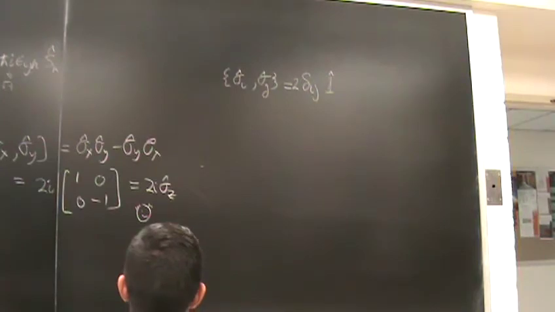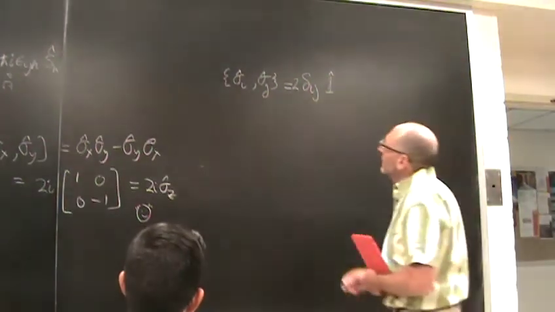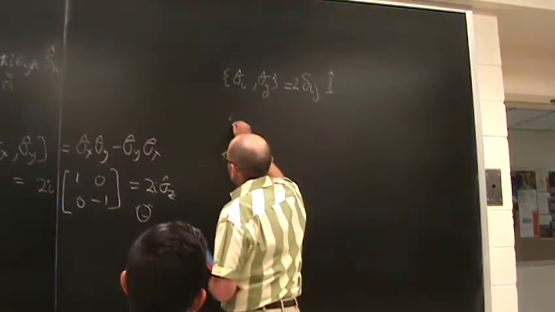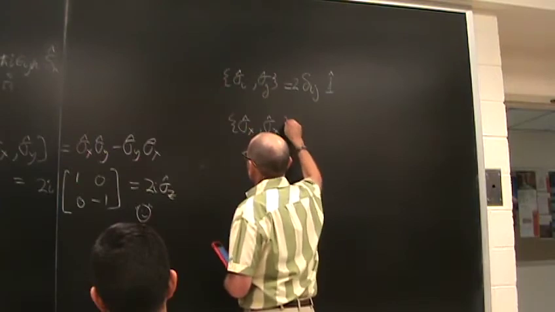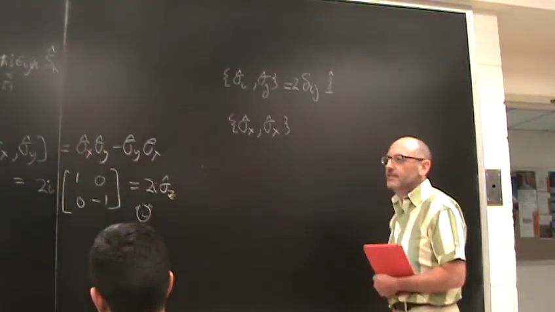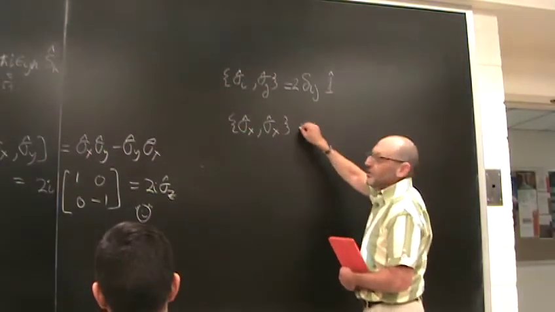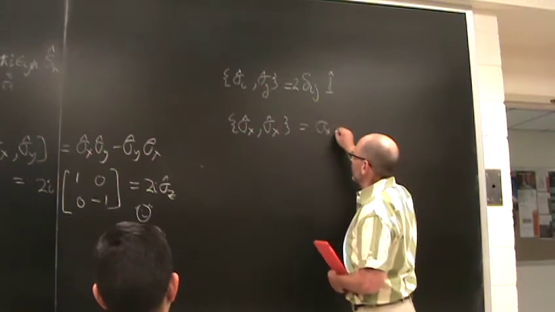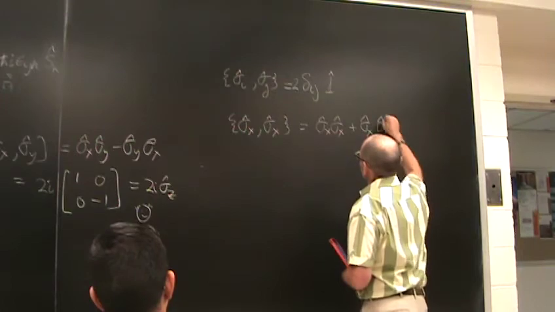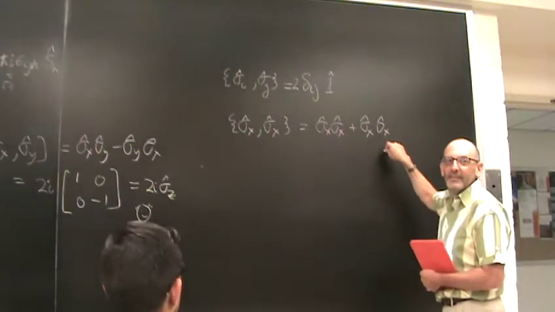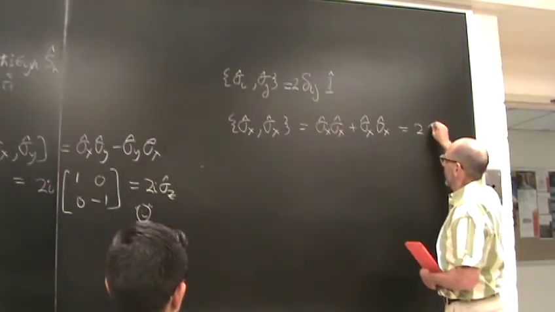Right? Because, for example, what's the anti-commutator of sigma x with itself? 2, right? Because this is sigma x times sigma x plus sigma x times sigma x, and each Pauli matrix squares to 1. So this is 2 times unity.